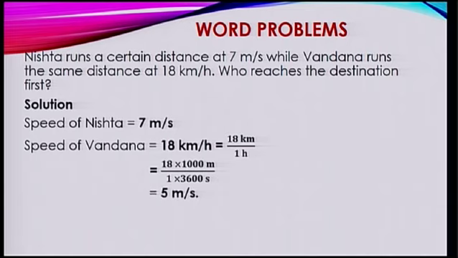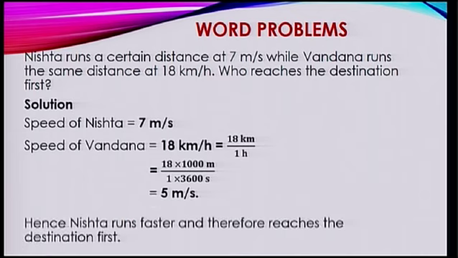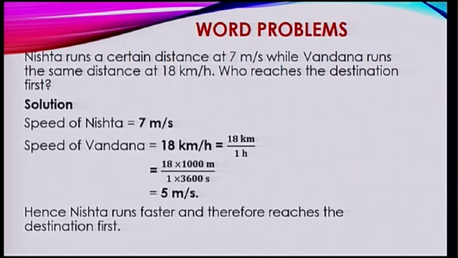You will get 5 meters per second. So now it's easier for you to compare. You've got Nishta, who is running at 7 meters per second, and Vandana, who is running at 5 meters per second. So who will reach the destination first? Well, Nishta will reach first. Why? Because she runs faster.